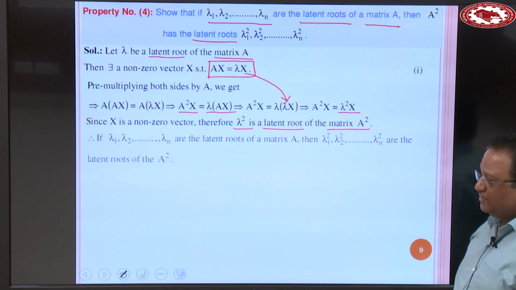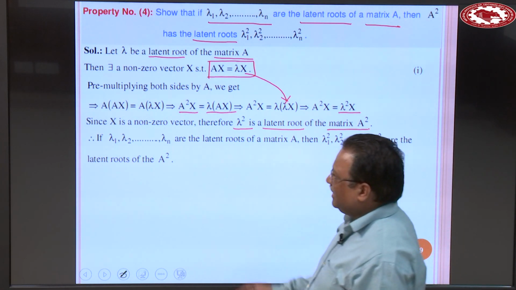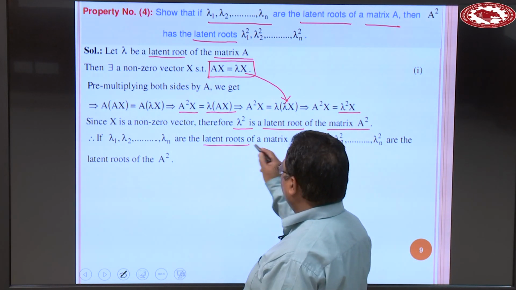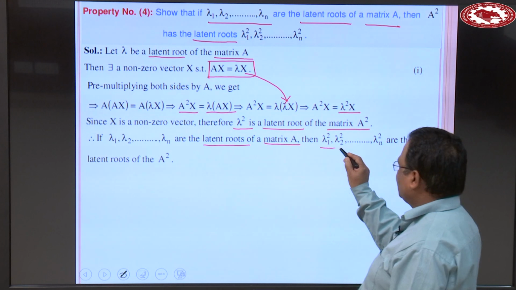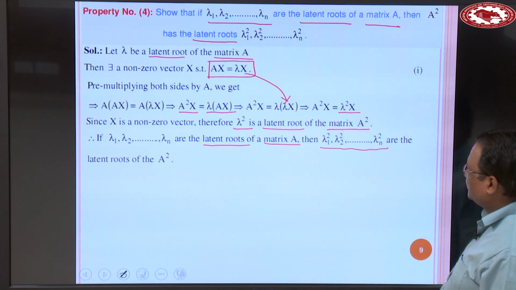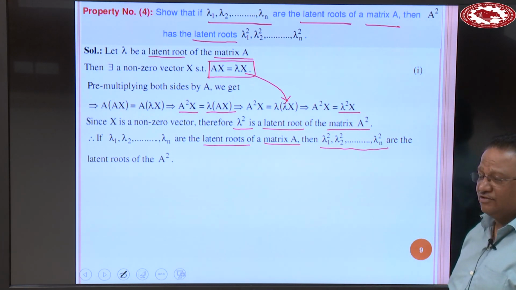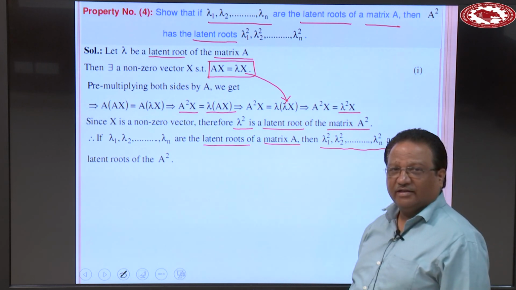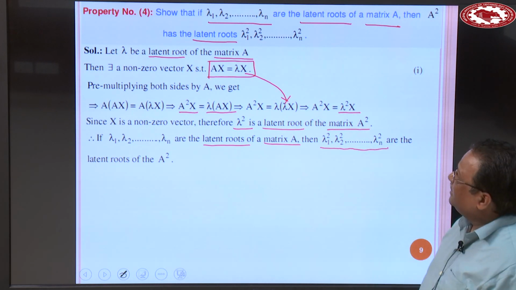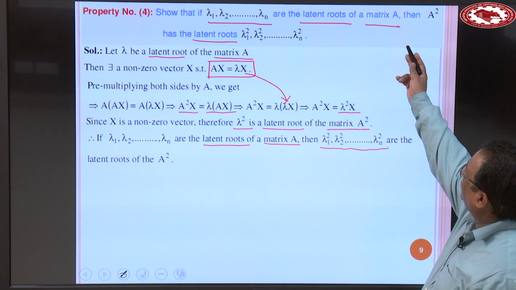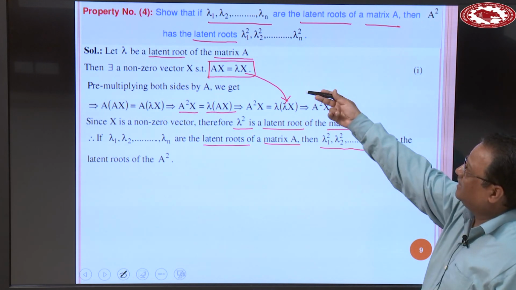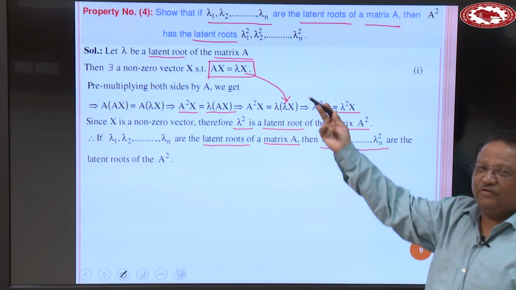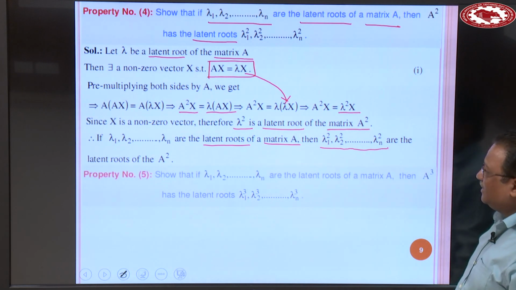Therefore, if lambda 1, lambda 2, lambda 3 are the eigenvalues of a matrix A, then lambda 1 square, lambda 2 square and so on up to lambda n square are the eigenvalues of the matrix A square. Similarly, A cube has eigenvalues lambda 1 cube, lambda 2 cube, lambda 3 cube and so on.